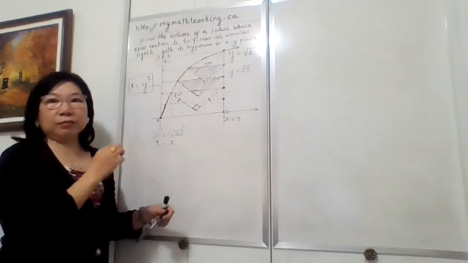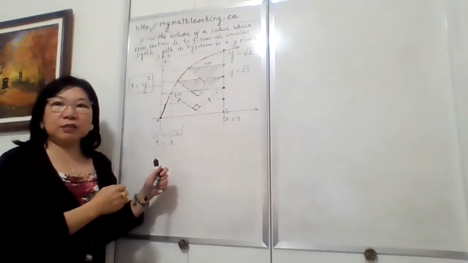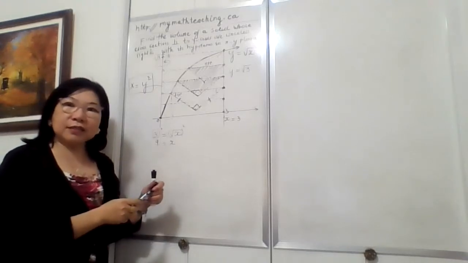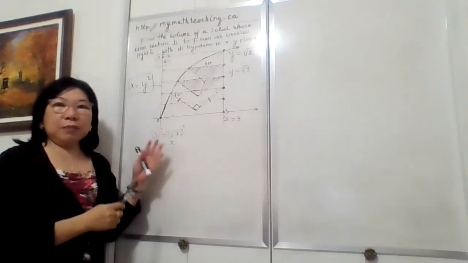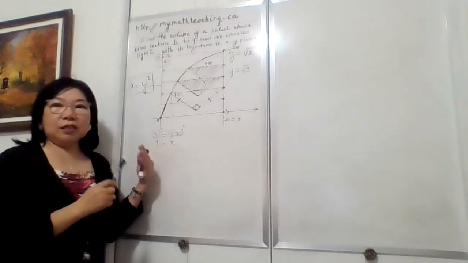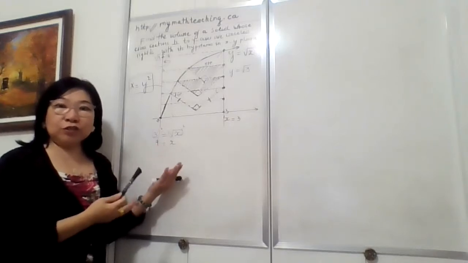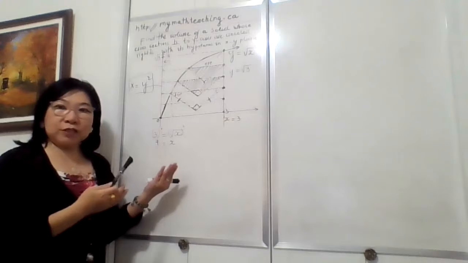However, the cross-sectional area in this question is no longer a disk like in the previous questions we did. This is a little bit different: the cross-section is a right triangle with the two sides equal, isosceles.